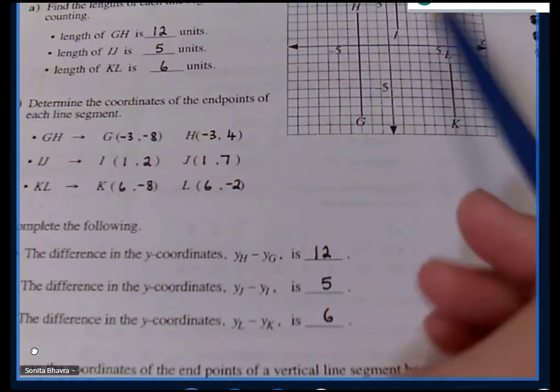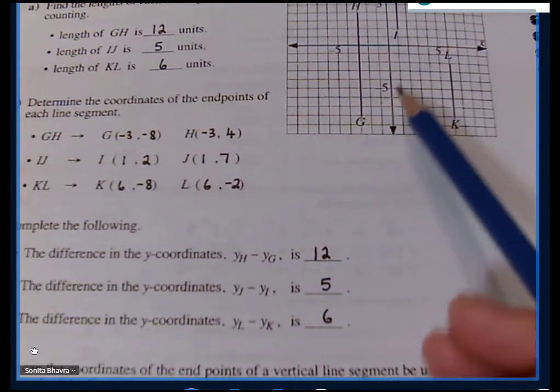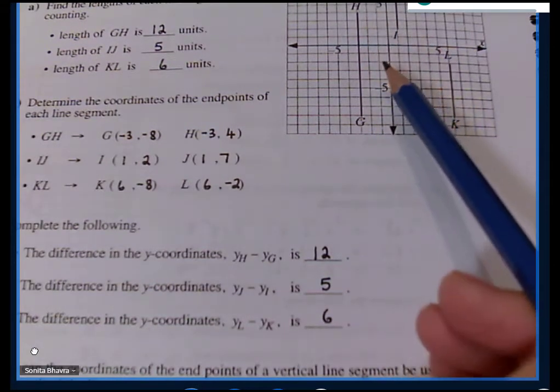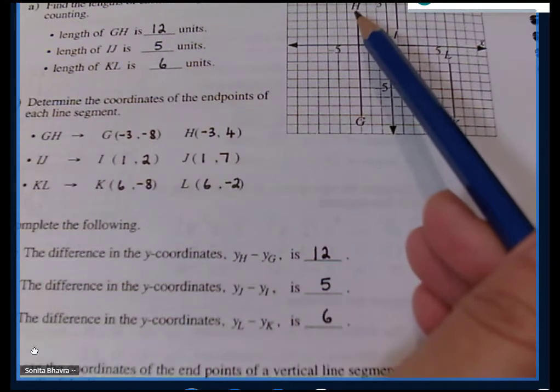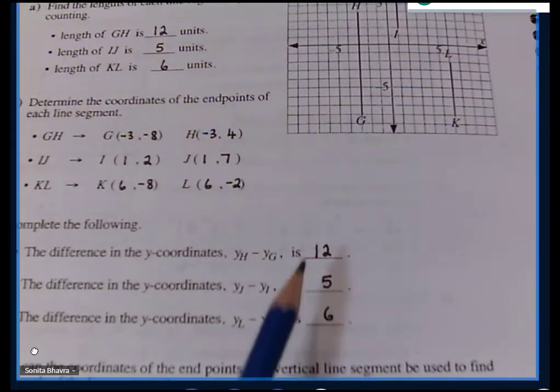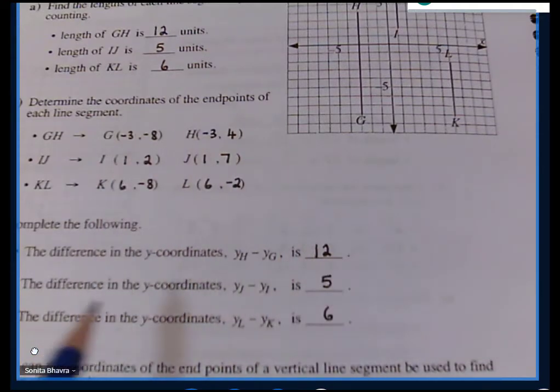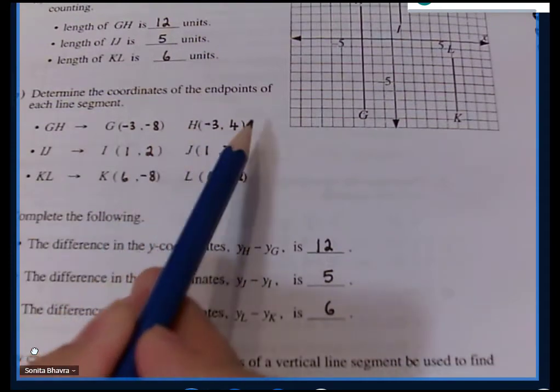The coordinates of G would be -3, -8, and the coordinates for H are -3 and 4. So those are the endpoints. Subtract the y values and you will get the same answer. So -8 minus 4, 12. You subtract your y coordinates.